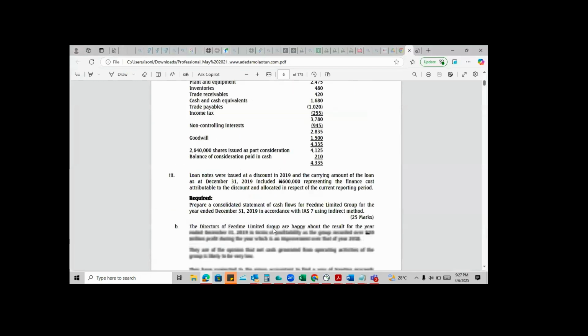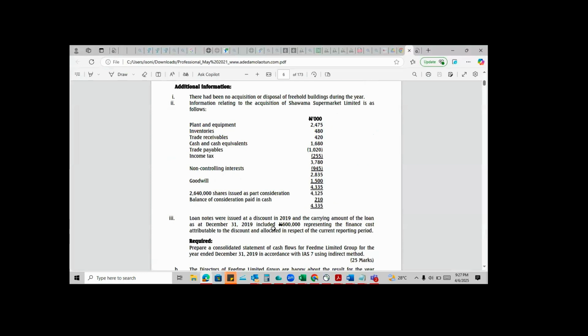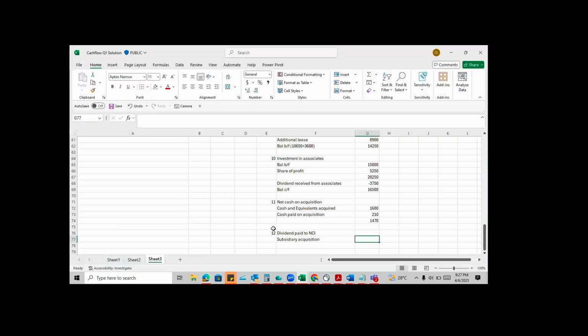Let's look at that breakdown. We valued NCI at 9,945. All right. They must have had share of profit. That is what will move up the carrying amount of NCI. Share of profit of subsidiary.